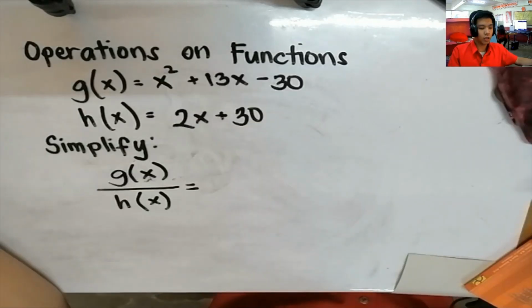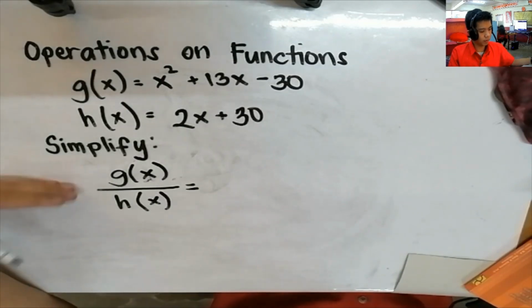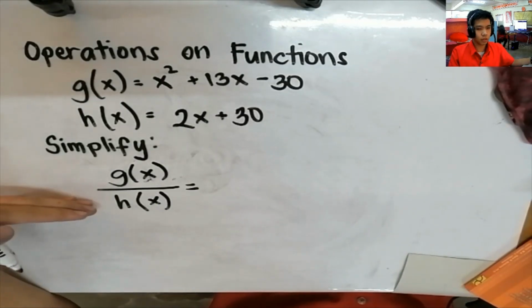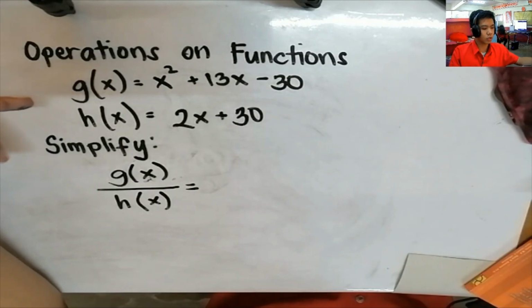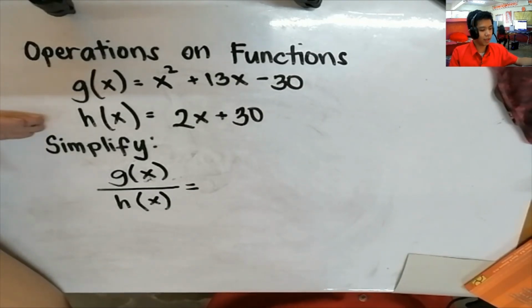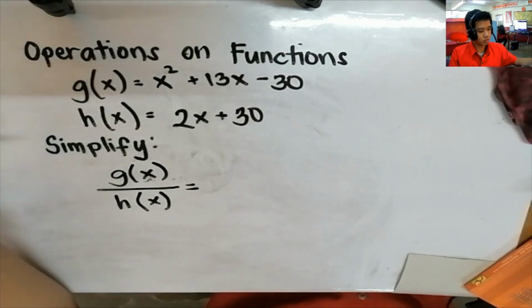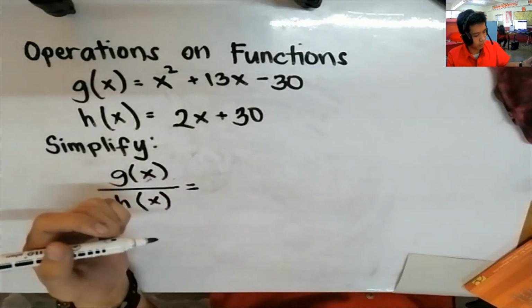Let's proceed to division of functions. Here we have g of x over h of x, where g of x equals x squared plus 13x minus 30, and h of x equals 2x plus 30. Same process, similar way.